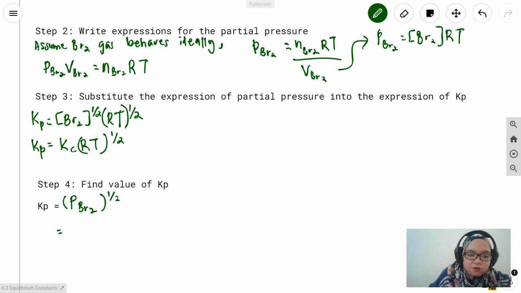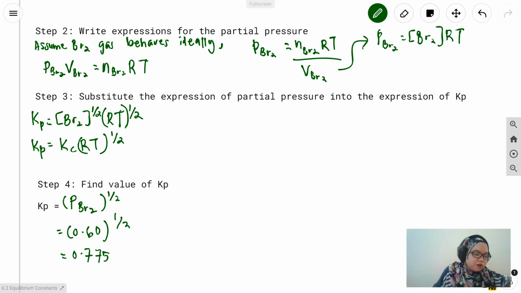So the partial pressure of bromine is 0.6 to the power of 1/2. So we will get 0.775. So Kp is 0.775.